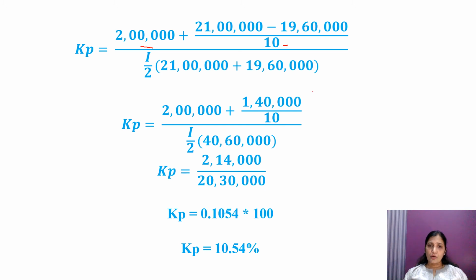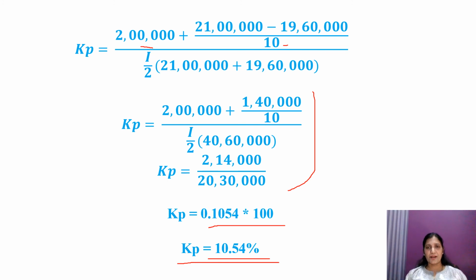When you go through all these calculation procedures, you'll come to this value 0.1054 into 100. So when you convert this, you'll get 10.54%. This is cost of preference share capital. Very, very simple. So again, I repeat, be perfect with cost of debt. Everything is similar.